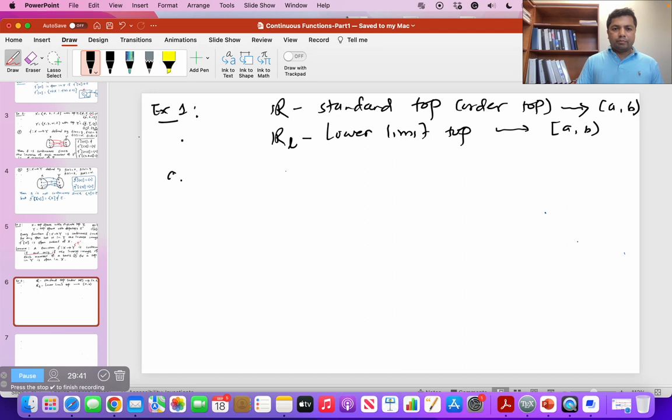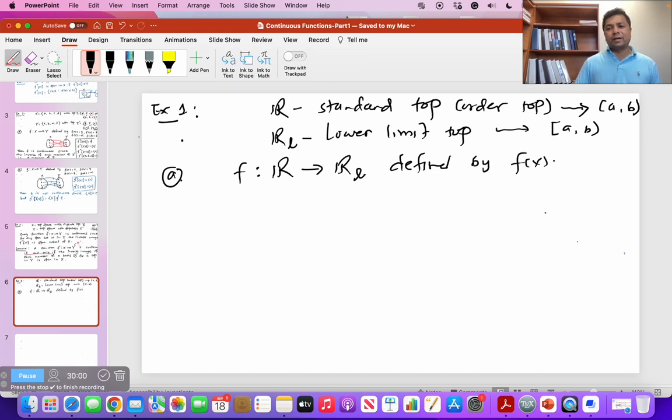In part A, let's consider a function from the standard topology to the lower limit topology, defined by f of x equals x, kind of like an identity map.